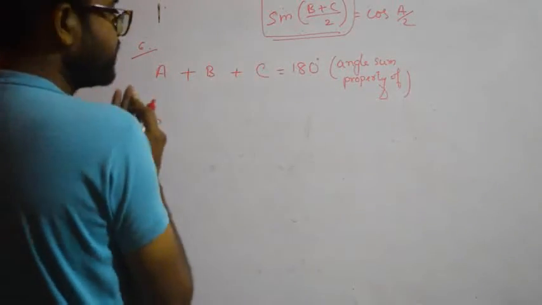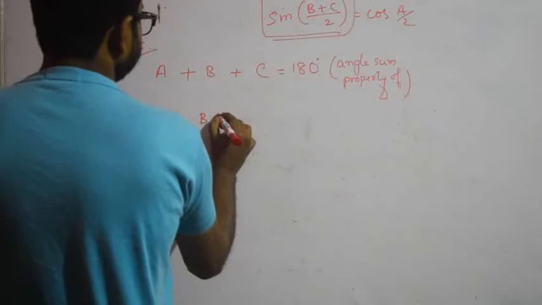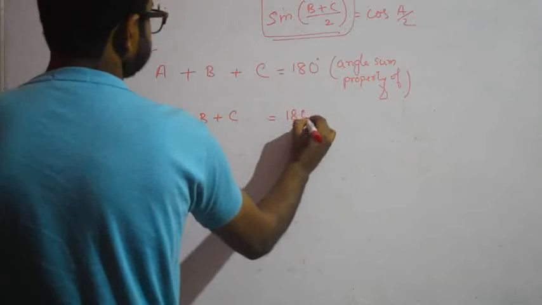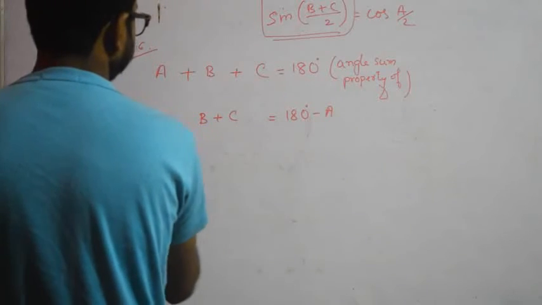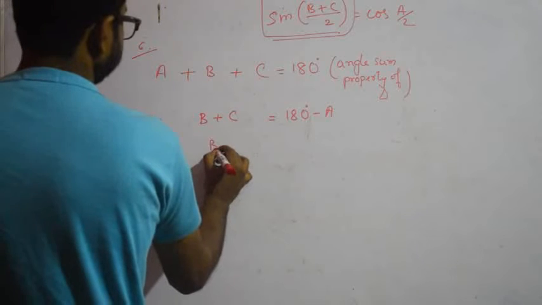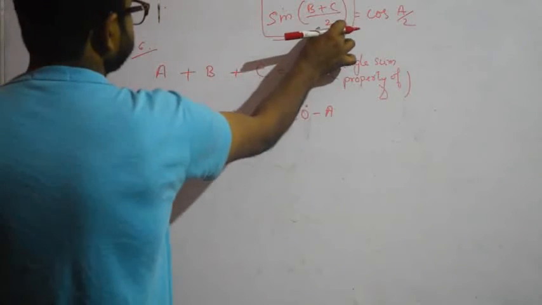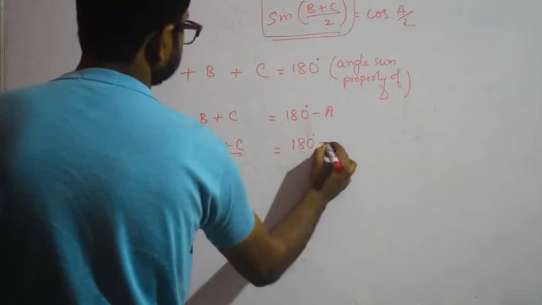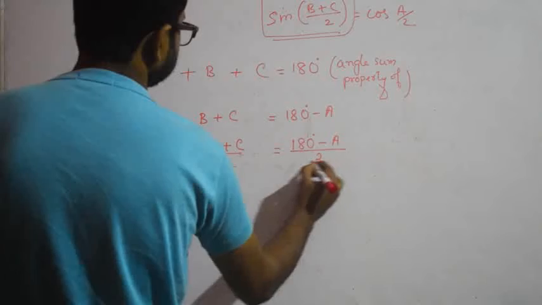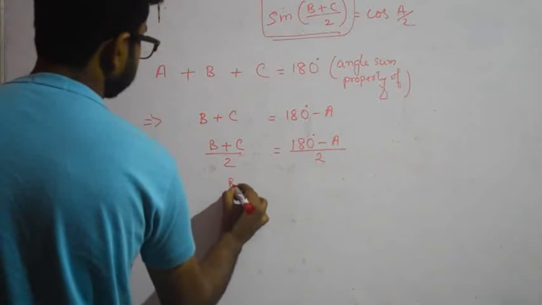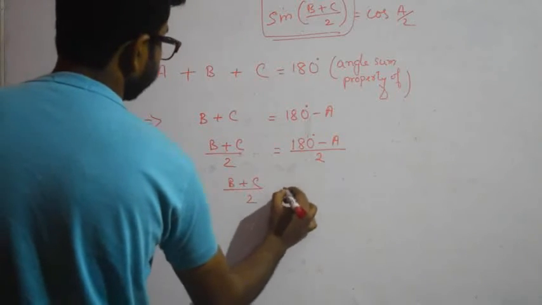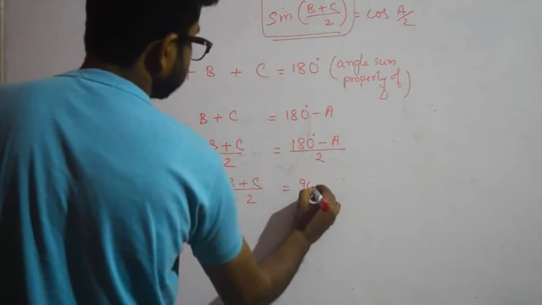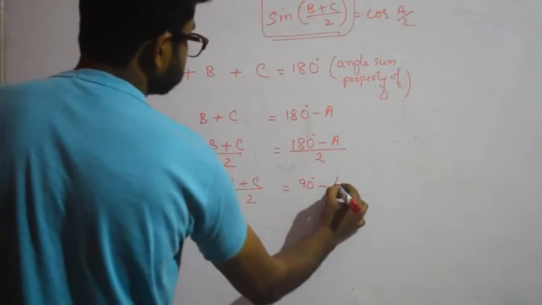Here you have B plus C is equal to 180 minus A. Then for B plus C by 2, divide both sides by 2. B plus C by 2, and on the right hand side you can write 180 by 2 is 90, minus A by 2.